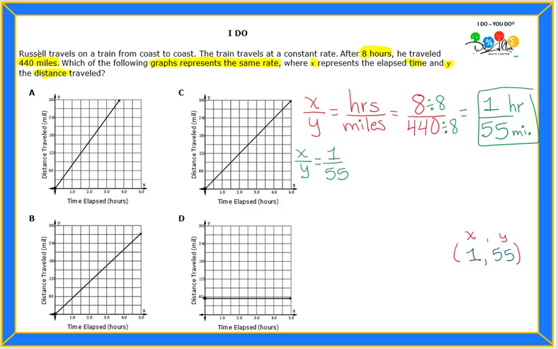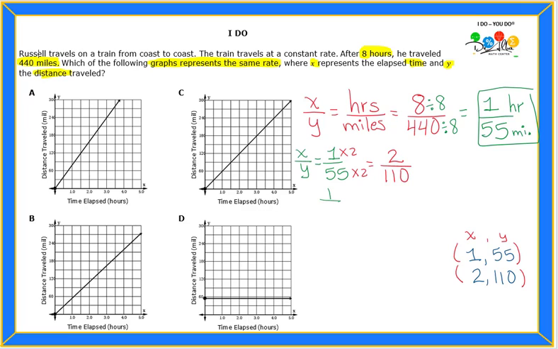So let's multiply by 2. When you multiply by 2, we get 2, and 55 times 2 gives me 110. This will be my second ordered pair: 2, comma, 110. You see what we're doing? Very good. Let's go find another one.